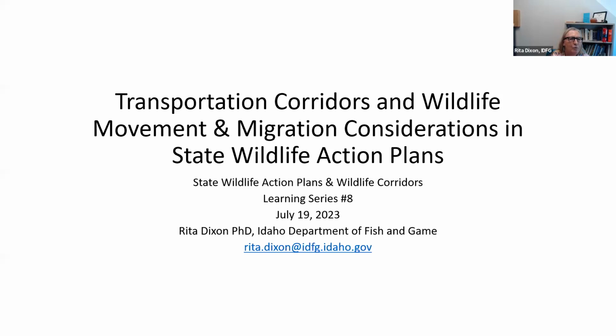So we have drawn from our past state wildlife action plans and various projects that have gone into our current plan. With respect to corridors, Zach showed a slide with the Conservation Measures Partnership Taxonomy of Threats. So we approach corridors, we had transportation corridors. I'm going to talk about that a little bit, but also wildlife movement and migration considerations in SWAPs.